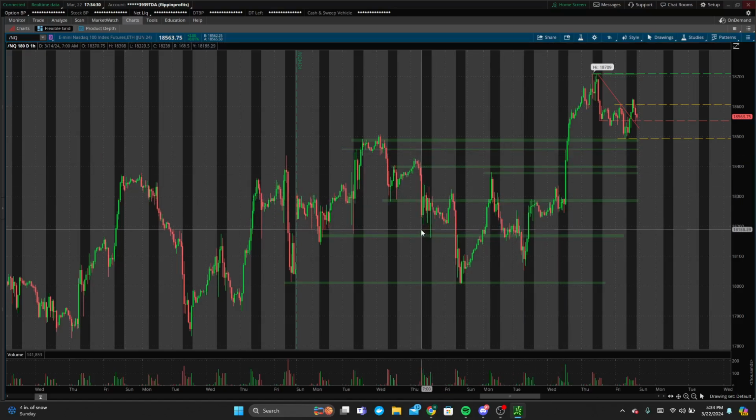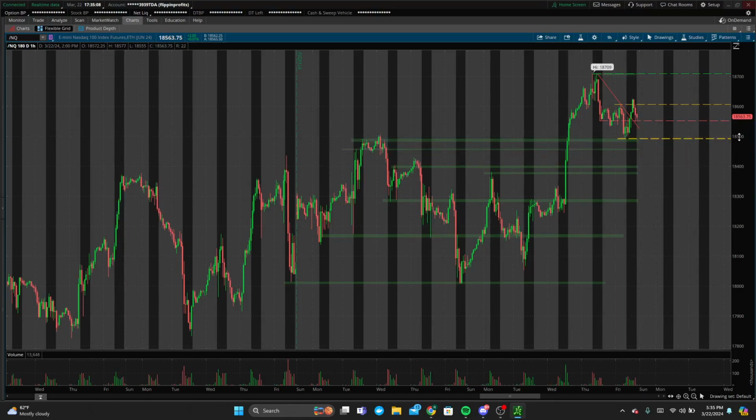You can see, at this level right here, 18,200, big area of support here, resistance once it breaks below it, support in the pre-market, resistance in the pre-market, etc. And you can kind of just go through and see those increments of 100 I've noticed have been big levels. You can just go back and look at that. It makes sense, right? If you're setting orders, those whole numbers make sense. So that's another thing that I'm kind of paying attention to today as well.